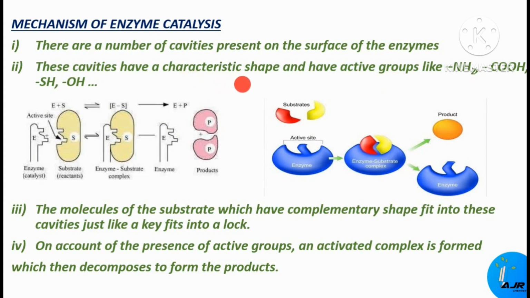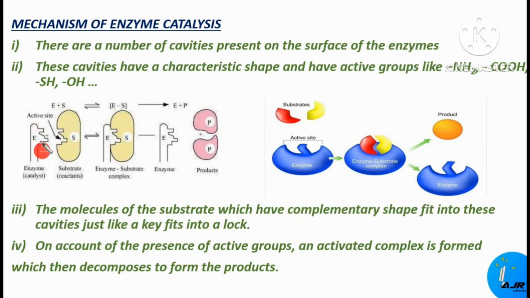As mentioned above, an enzyme molecule possesses some active sites or cavities on its surface. These active sites are responsible for binding the reactants. These active centers are responsible for binding the reactant molecule to the enzyme. Understood, students? The molecules of the substrate which have a complementary shape fit into these cavities just like a key fits into a lock.